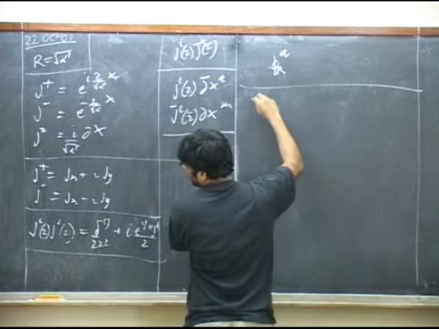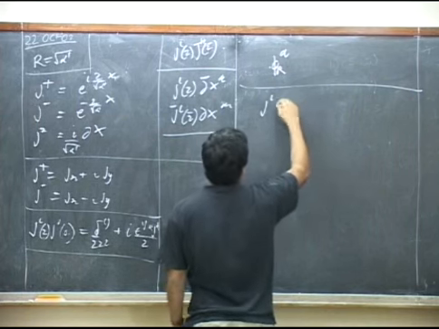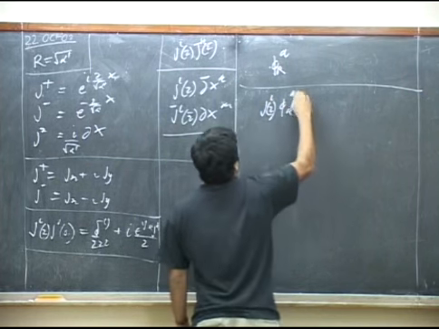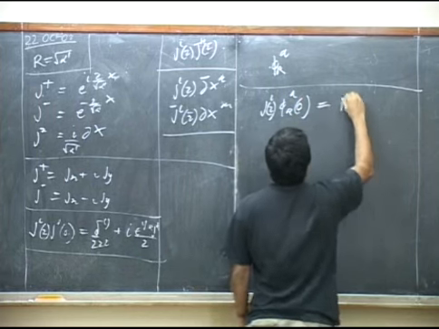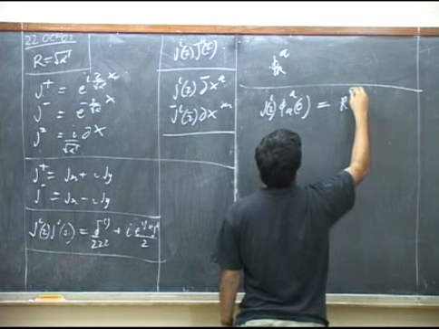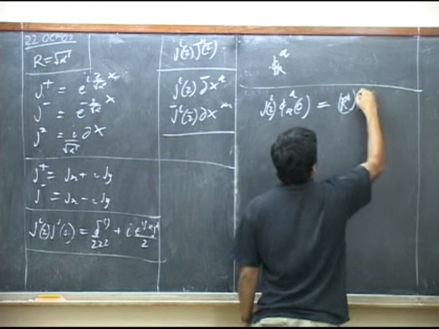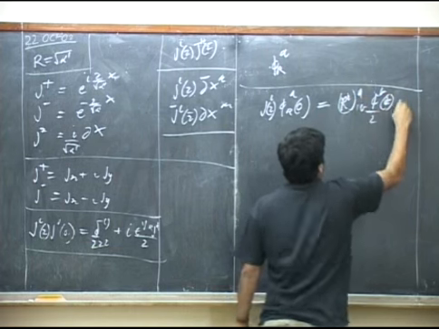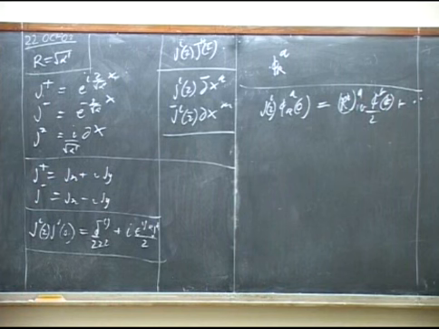The primaries obey the following commutation relations: J^i acting on phi^A of z, J^i(z) phi^A(0) is equal to R^i_AB phi^B(0) over z, where R is a representation matrix for SU(2) in that representation.